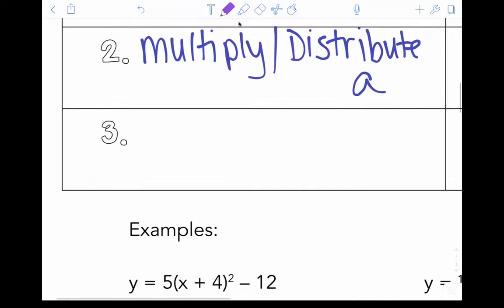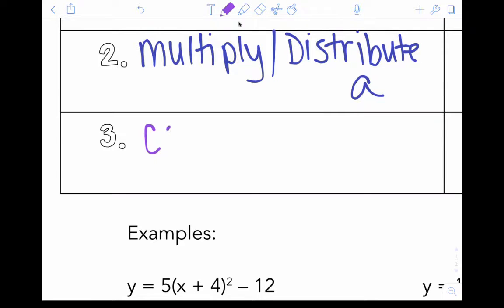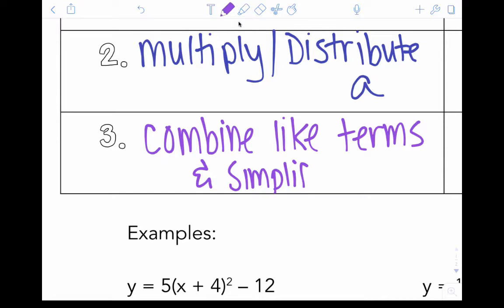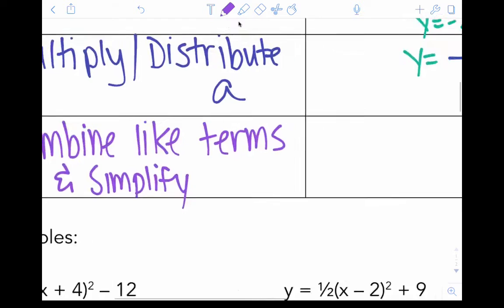Now step number 3 is to combine like terms and simplify. So all that I have to do on step 3 is add these last 2 numbers here. I need to add that k value to my other number.